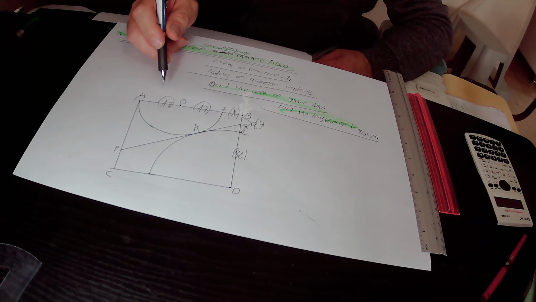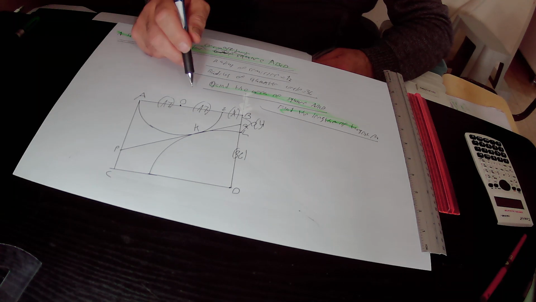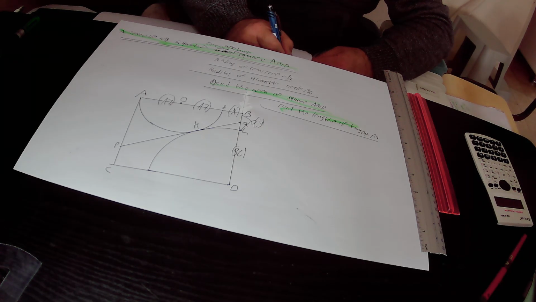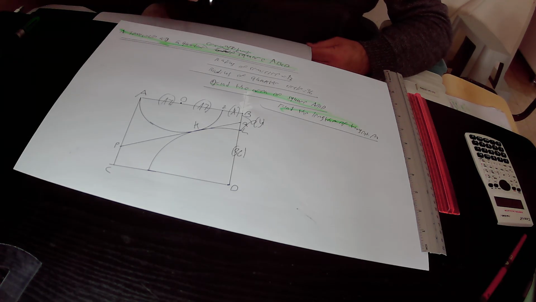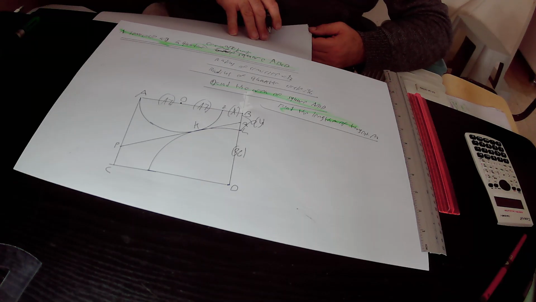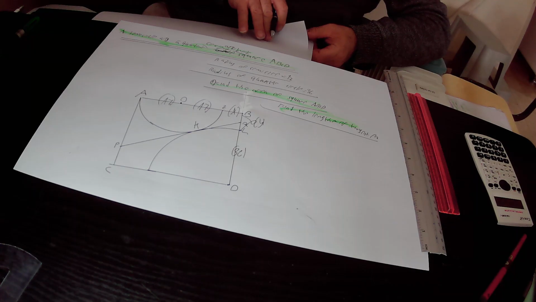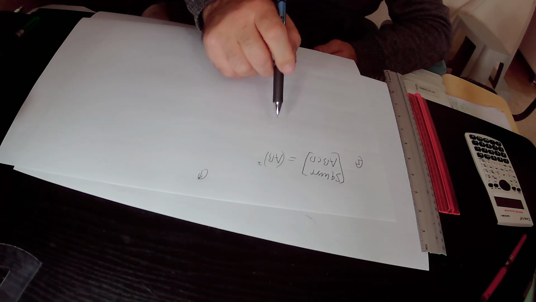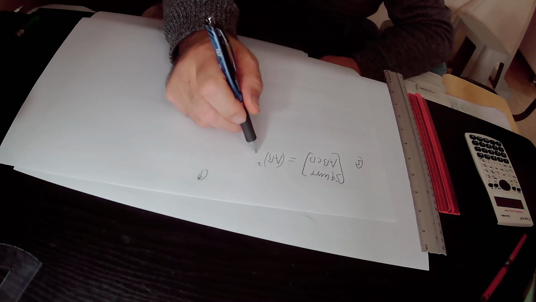Therefore, the area must be equal to AB squared.